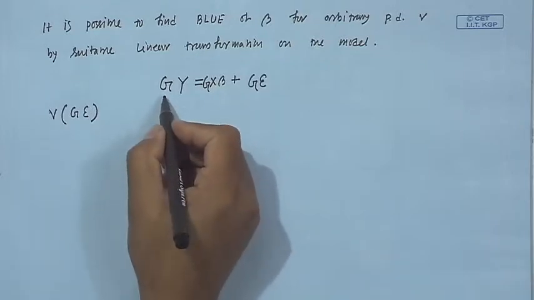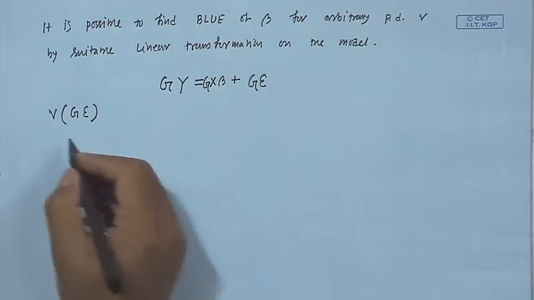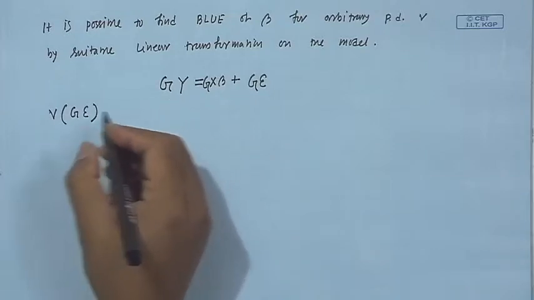I mean you have to choose the right G of course. So, how do you choose this G?